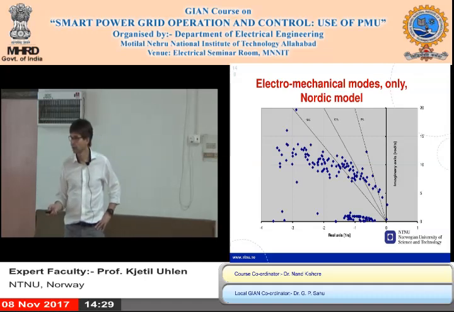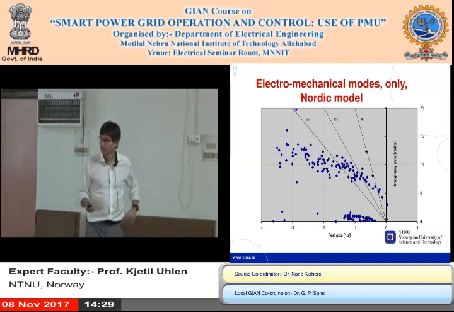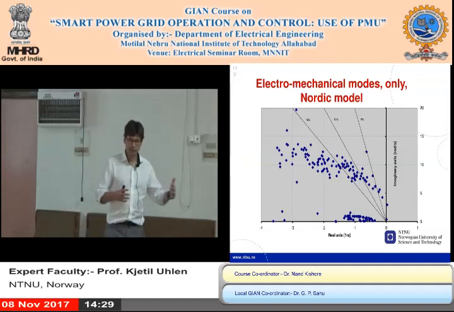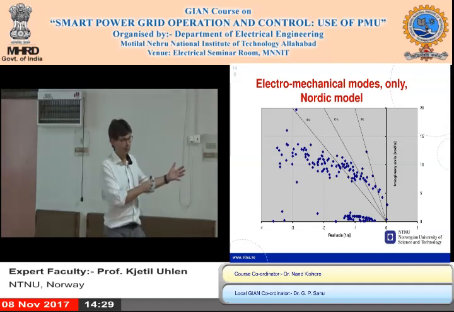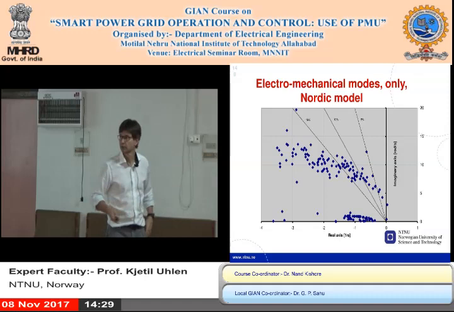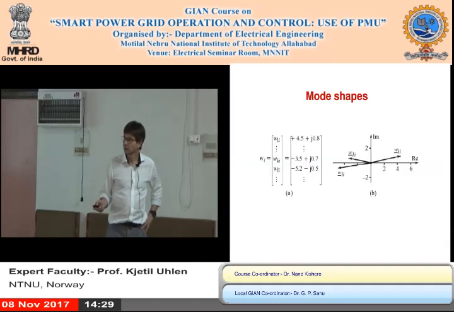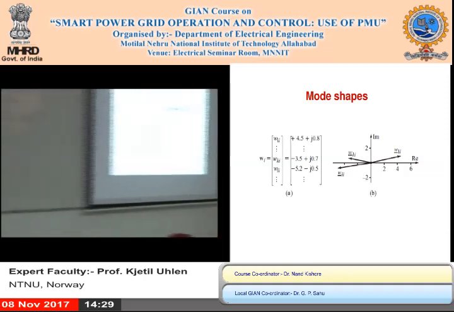We also looked at how we could depict those mode shapes with phasors, so that you can have an idea which generators are oscillating in phase or which are oscillating against others. That came from the complex eigenvector. If you draw the vectors of the complex number, you get that.